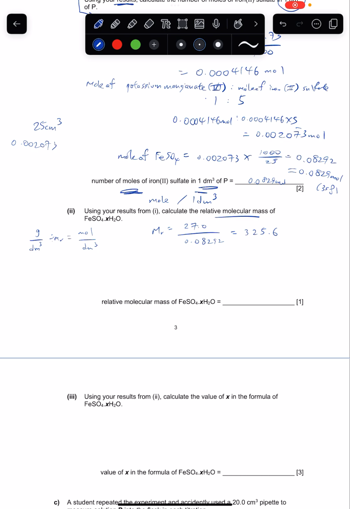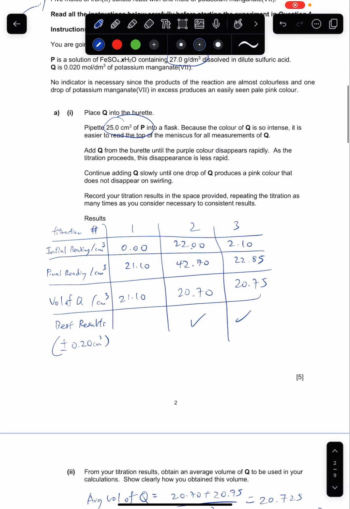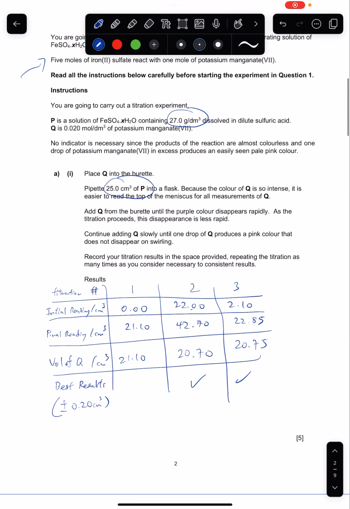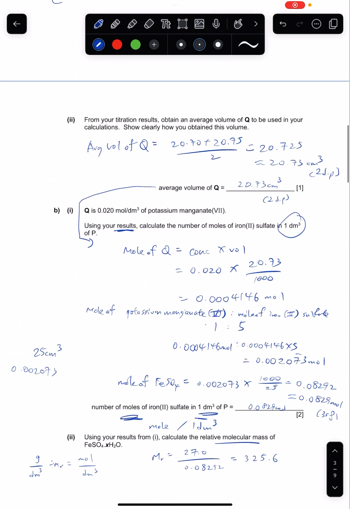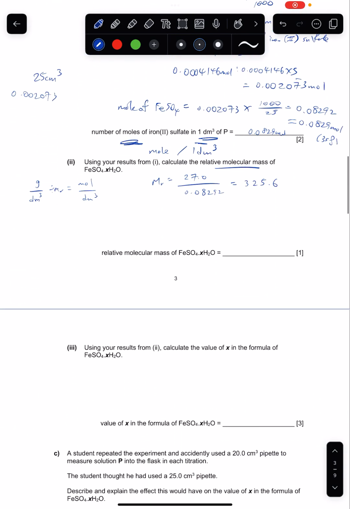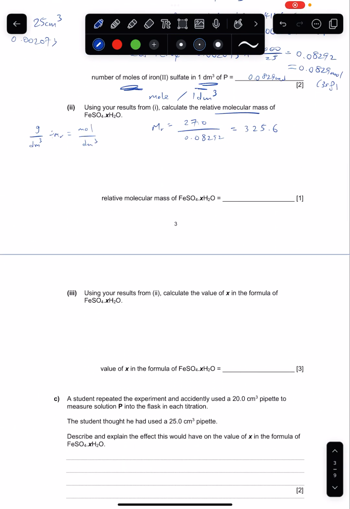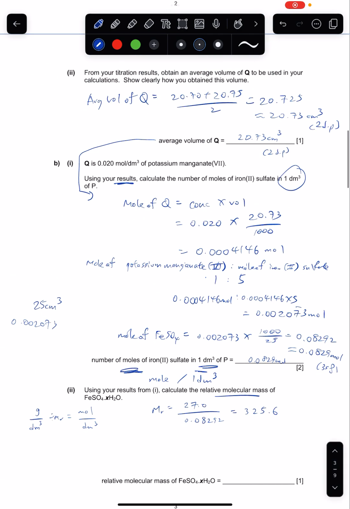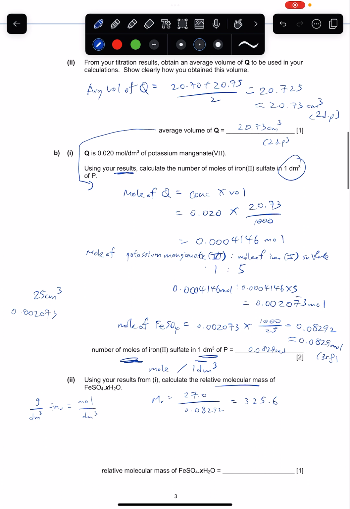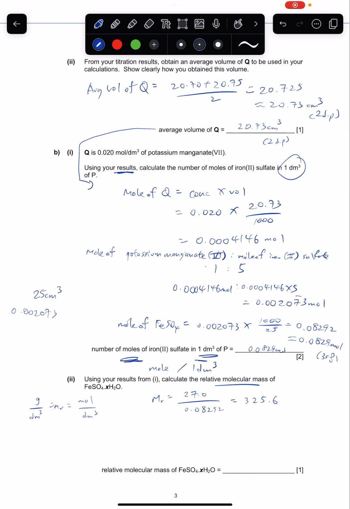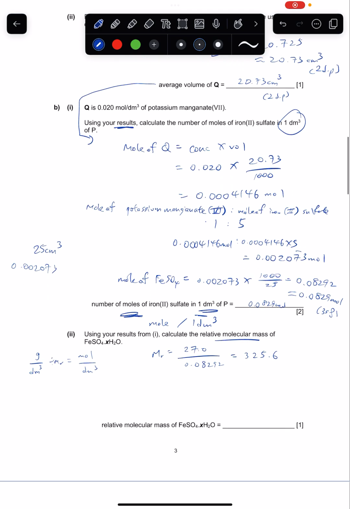Actually, I'm not too sure what's the value that you have. I think your value might be different from mine. So you use your value with the same method to calculate, right? So average volume of Q is that. Then after you have that, you calculate. So it's 0.02073 4146.